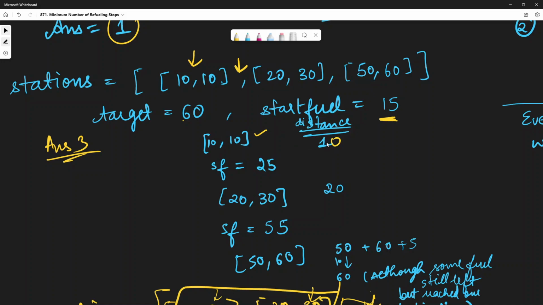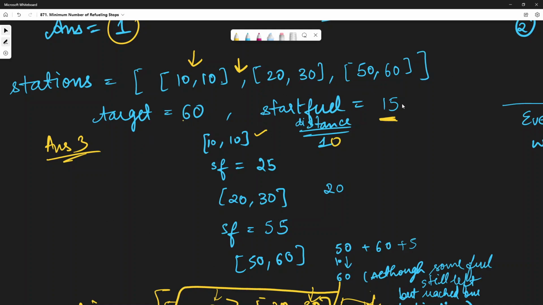Then we would cover 10 distance and fuel would be 25 after reaching this, because earlier we were having 15, right? Then 25, and then we reached at this distance and our fuel is 55. Then we can easily reach this 50, because 55 is the fuel we are having, 5 would be still extra with us. And when we reach this 50, we got this 60, and after this we are easily able to go to the 60 target.